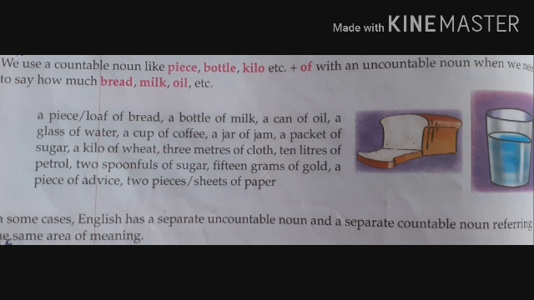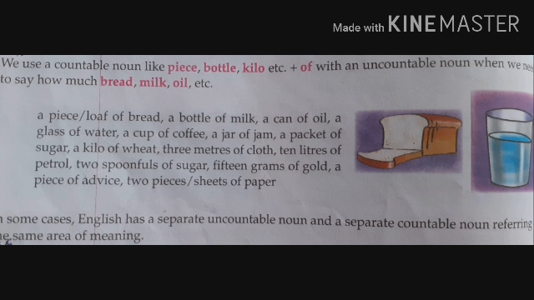A can of oil, a glass of water. We can make it countable by using these terms: a cup of coffee, a jar of jam, a packet of sugar, a kilo of wheat, 3 meters of cloth, 10 liters of petrol, 2 spoonfuls of sugar, 15 grams of gold, a piece of advice.